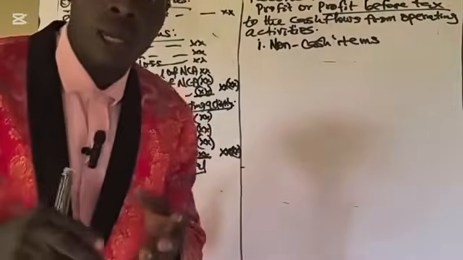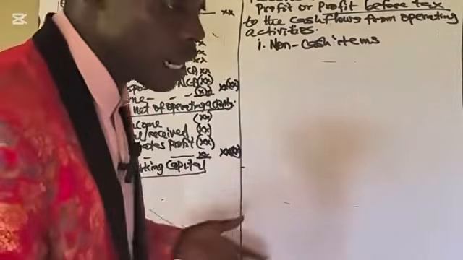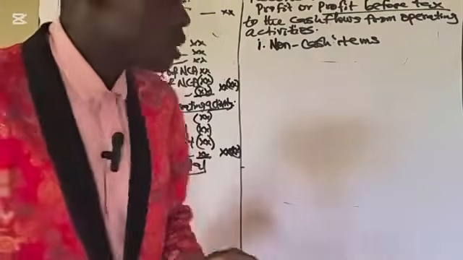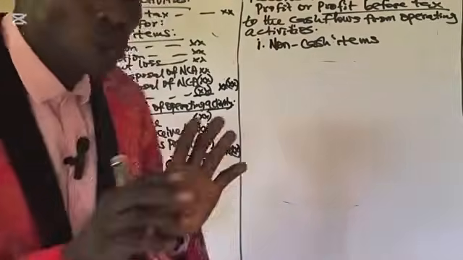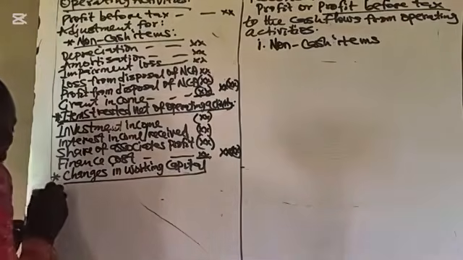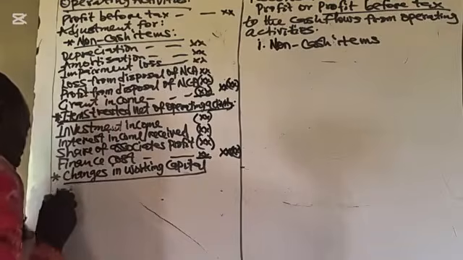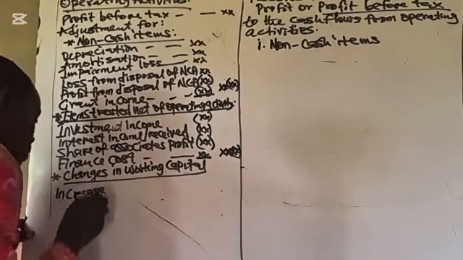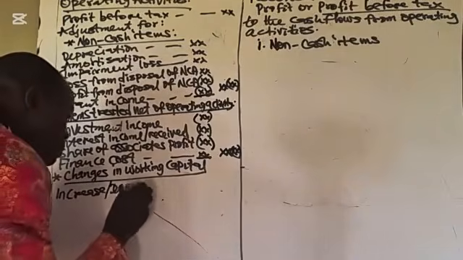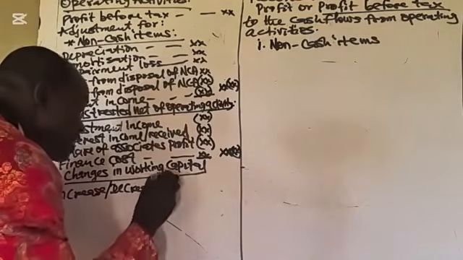I've told you changes in working capital, there are items of current assets and current liabilities. But anything that is cash or cash equivalent, you must exclude them. So your current asset, I'm starting with current assets. You may have increase, you may have decrease. In, let's say, inventory.